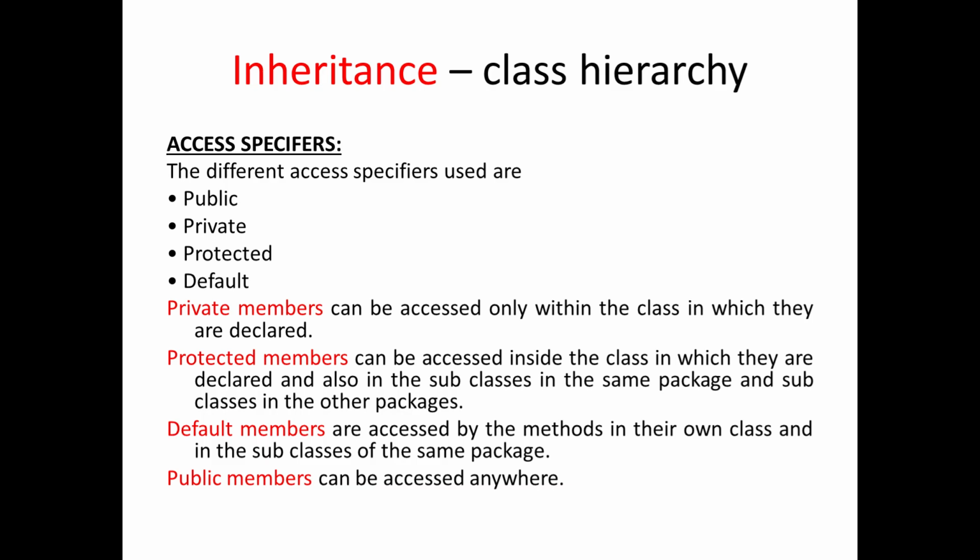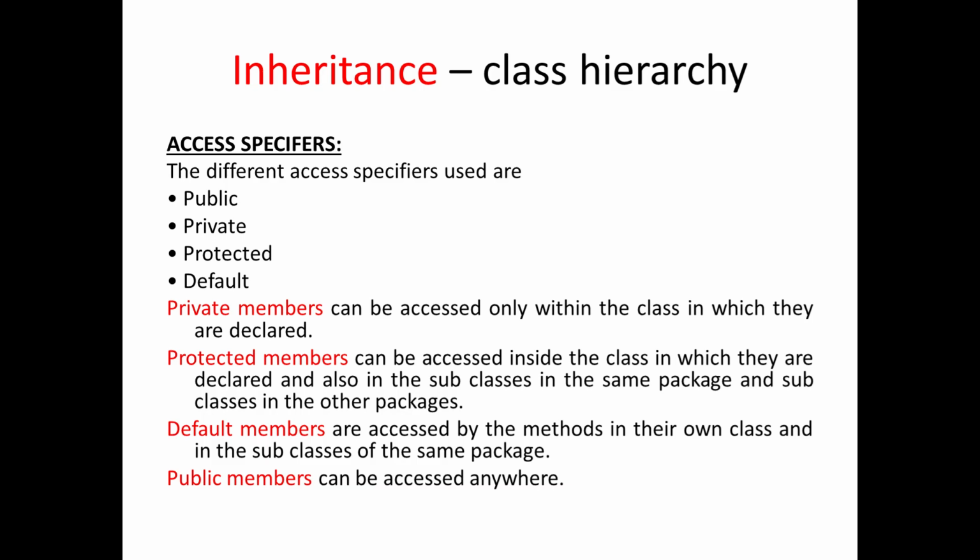The protected members can be accessed inside the class in which they are declared and also in the subclasses in the same package, and subclasses in the other packages. So the direct child class can access the protected members.